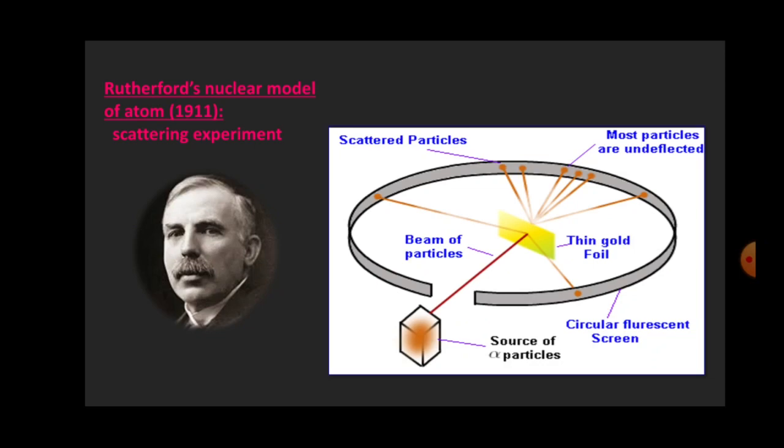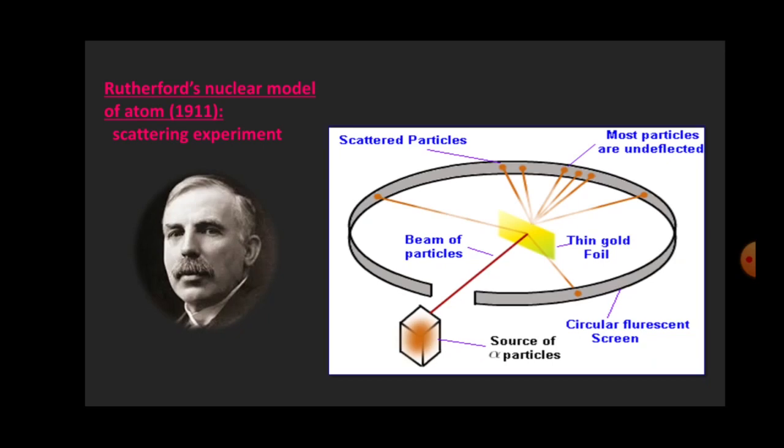Now this model is also known as the planetary model, as it resembles our solar system. In our solar system, the sun is in the center and the planets rotate around the sun. Similarly, Rutherford also said that in the center the nucleus is there, and the negatively charged particles revolve around the nucleus, right?